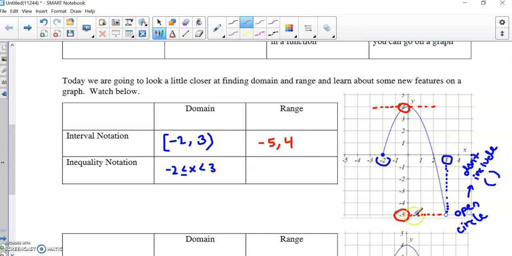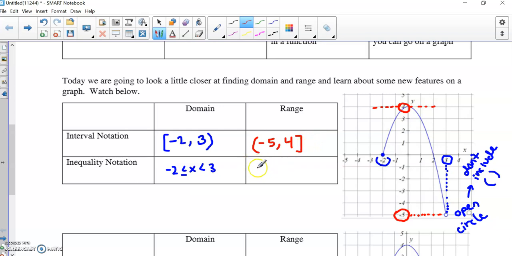Now again, -5 is coming from an open circle point, just like the 3 for the domain. So we're going to keep a parenthesis with -5. And 4, there's no open circle there. So if you're just using a number and there's no open circle, you can assume it's a bracket. We want to include that point.